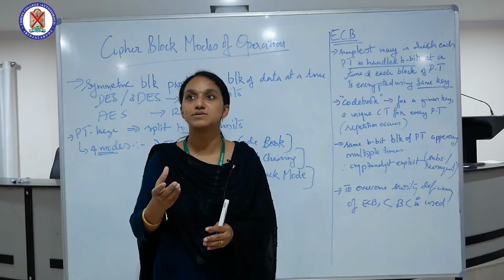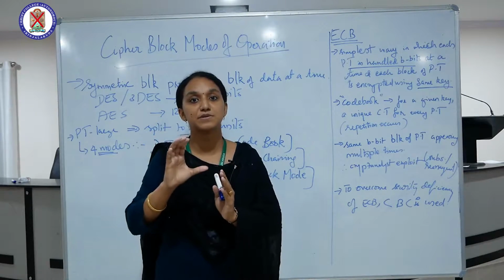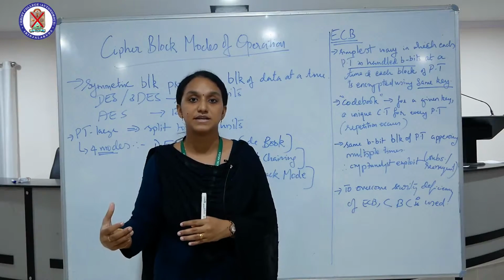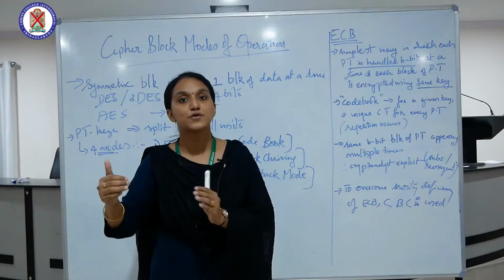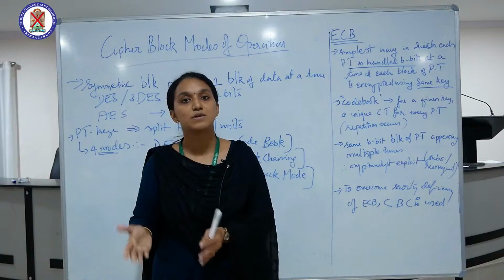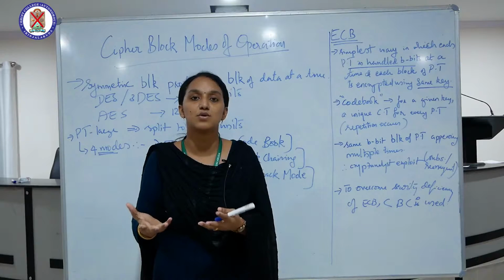For example, I am using the sentence "this is my video", and this sentence is repeated in my text 4 to 5 times. The same code will be generated for the same key 4 to 5 times, and all this data will be stored in the code book, which is why it gives a code book look.